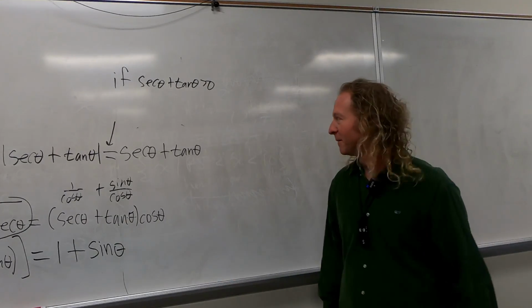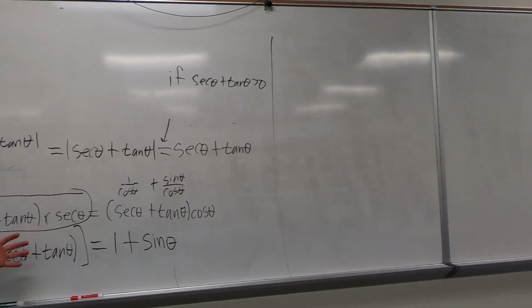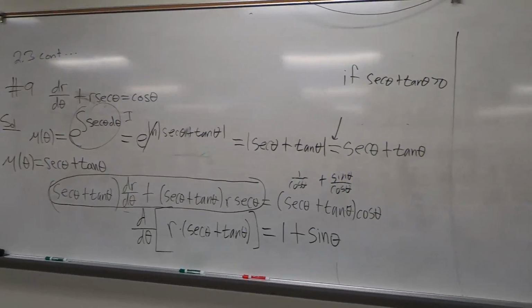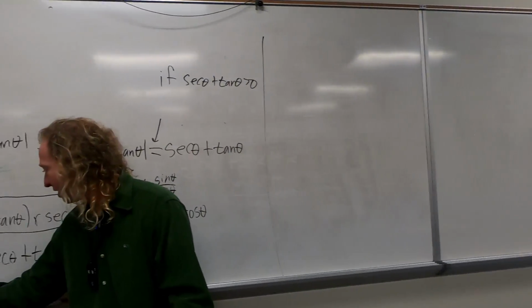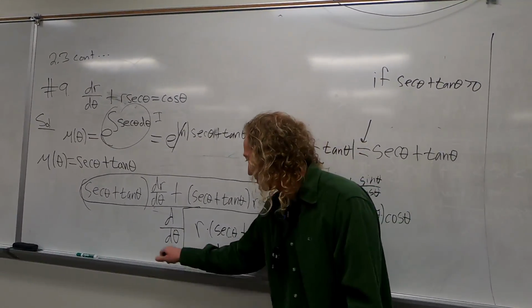Even if it's bad. Okay, how do we get rid of the d theta? What do we do to both sides? Do you all remember? Integrate, yes, integrate. So I'm going to squeeze it in down here, integrate. You don't have to write it, but I'll write it.